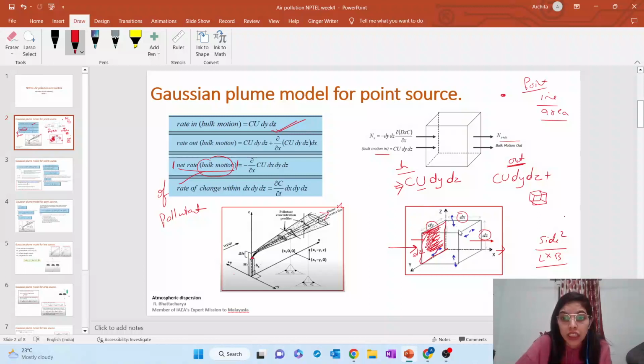That will be this region, which is dx, right? And what we add to it is how much displacement the emission will have for this region. To calculate, what we write is same as this, cu dy dz.